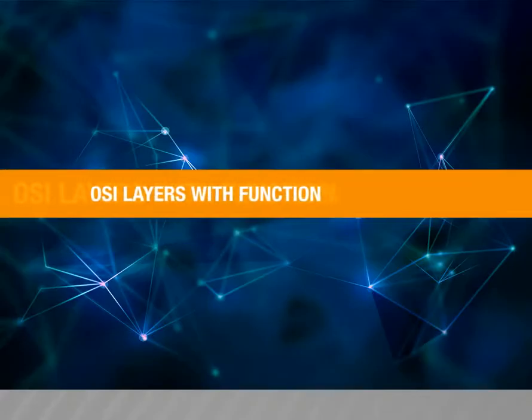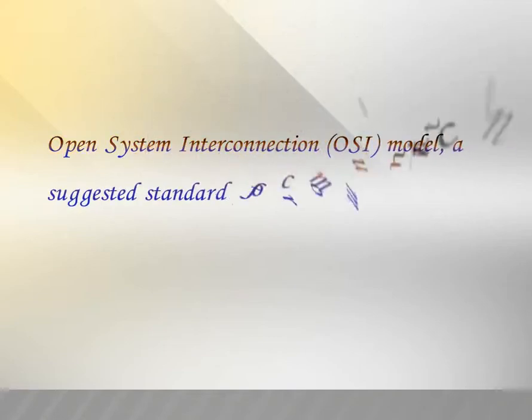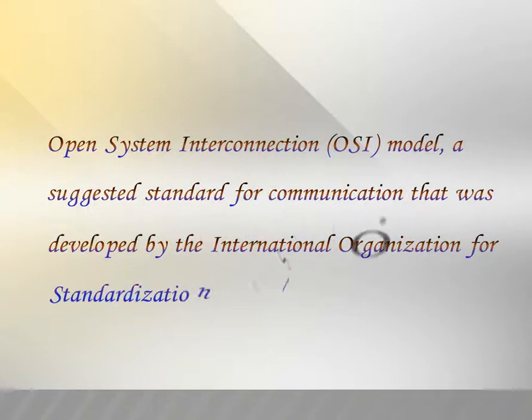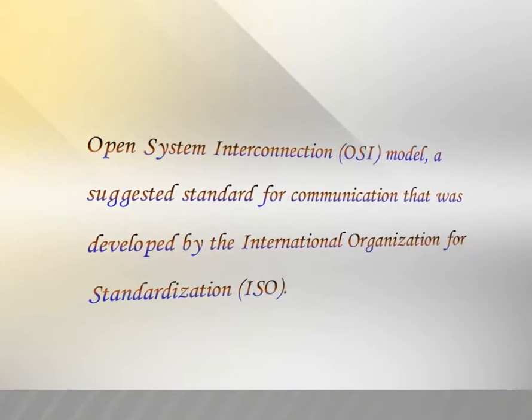OSI layers with functions. In this video, we are going to see the OSI layers with functions. Open System Interconnection (OSI model), a suggested standard for communication that was developed by the International Organization for Standardization (ISO).